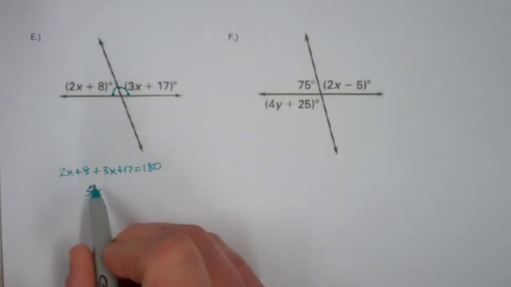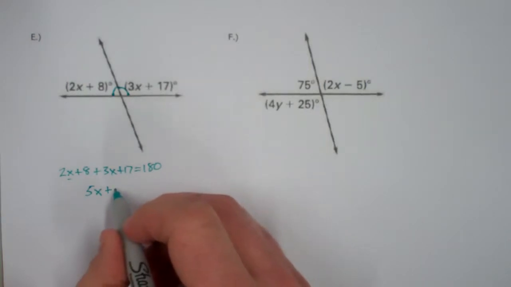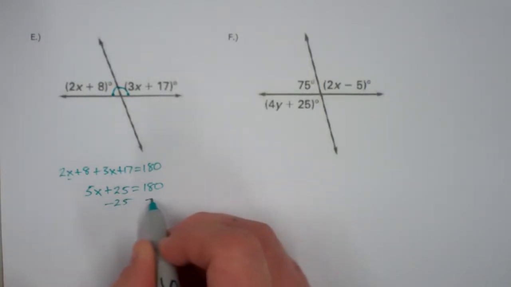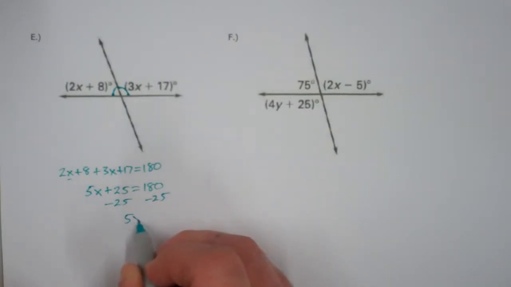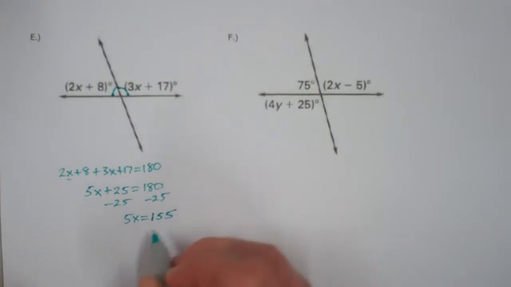Combine like terms on the left-hand side. 2x and 3x is 5x. 8 and 17 is 25. We'll subtract 25 now. 5x is equal to 155. Divide by 5, and x will be 31.